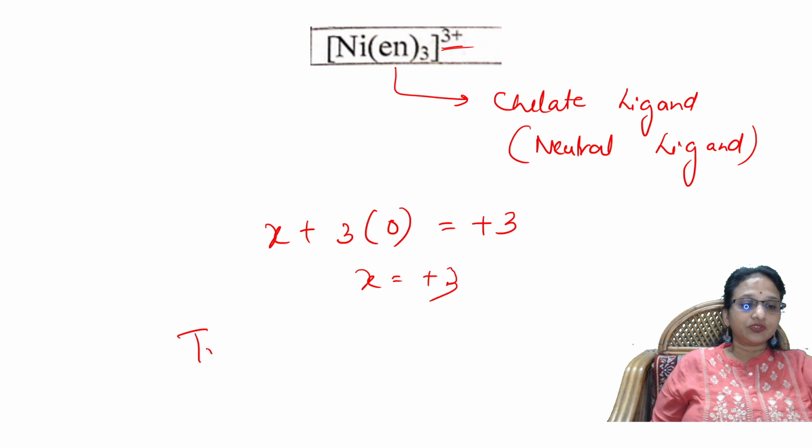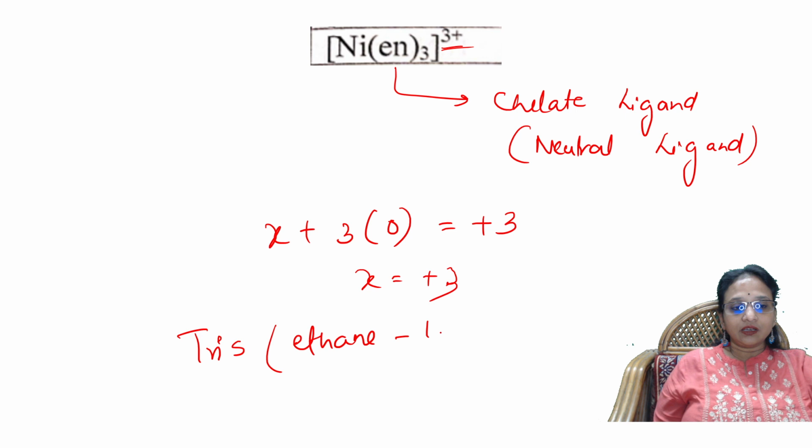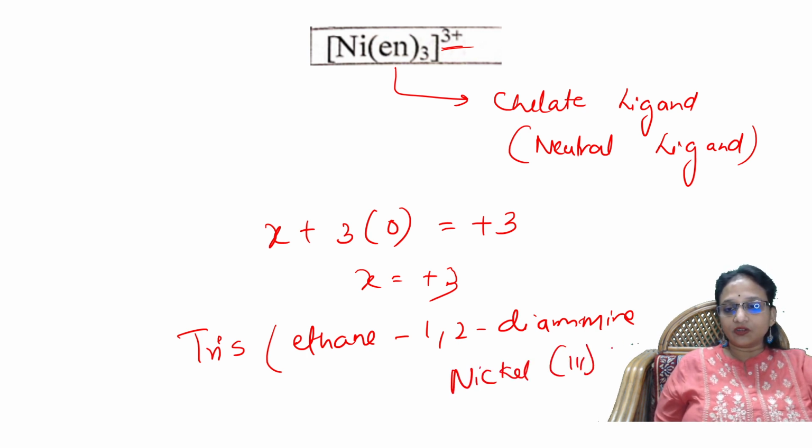Yes, you're right. You should use tris, because 3 bridging ligands, you should always use prefix of bis, tris, tetrakis. Write the name. Tris ethane 1,2-diamine nickel 3 ion. Good, students, easy.